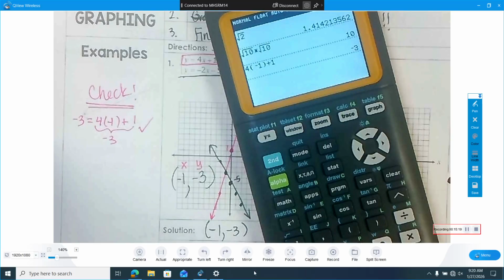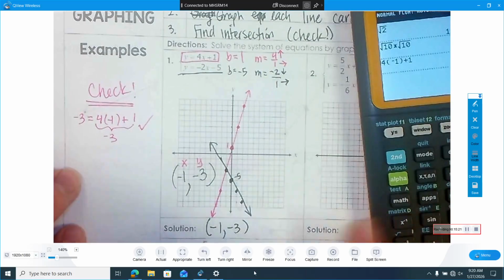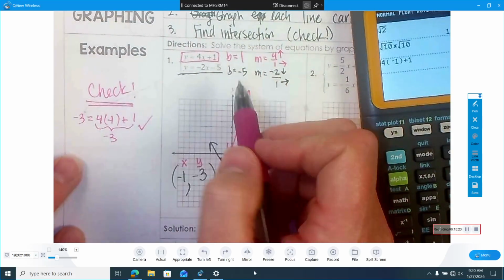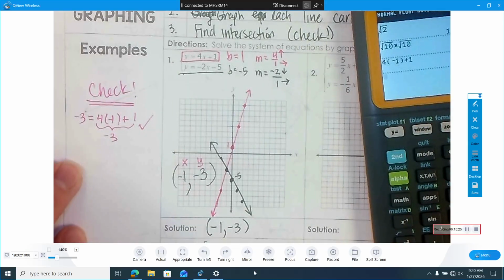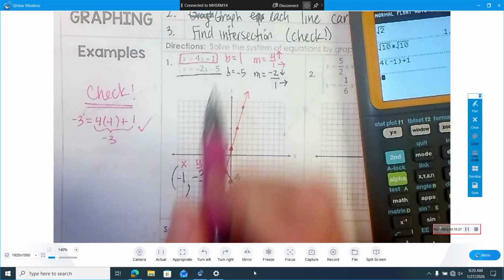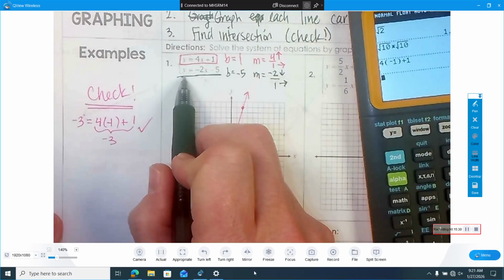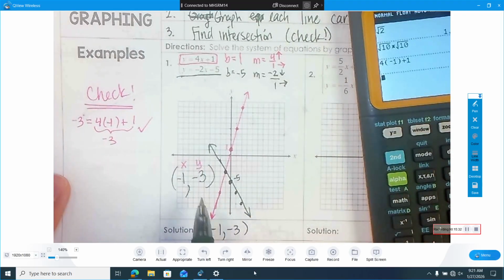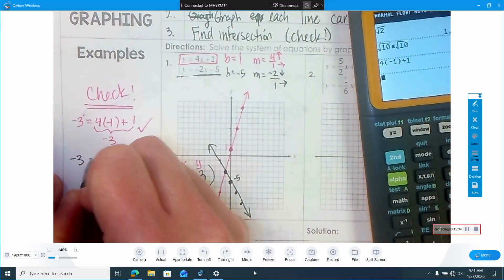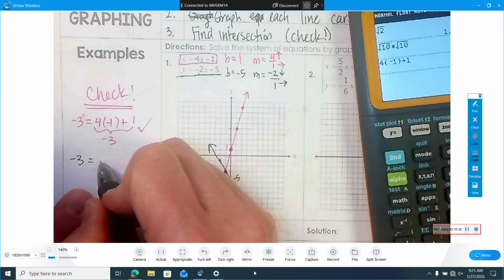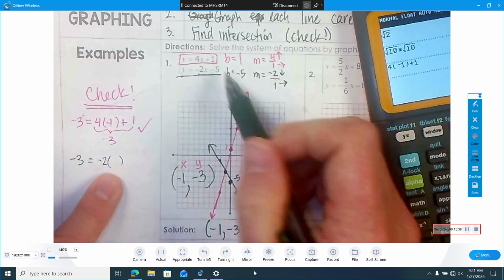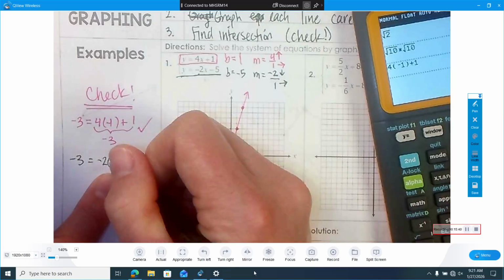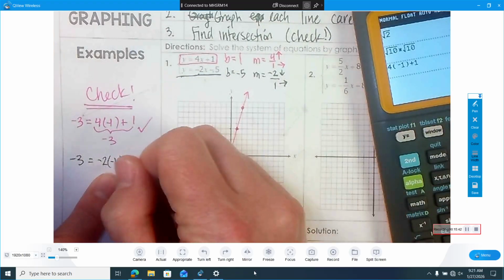It balanced perfectly. We also have to check the second equation because it has to work for both. And so again, I'm going to go to my second equation. Again, what goes in place of the y? Negative 3. And then I have a negative 2 times my x value. My x has a value of negative 1. And then I have my minus 5.